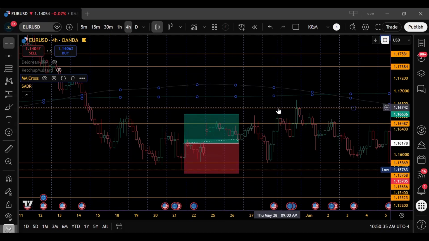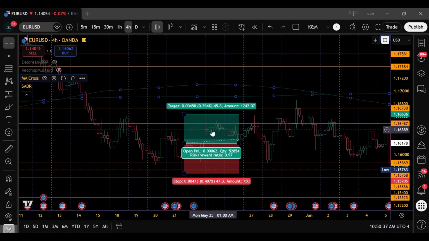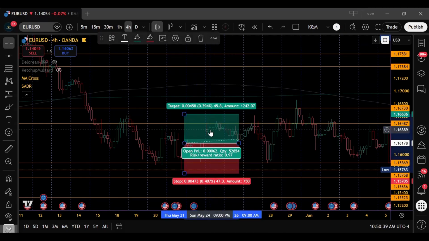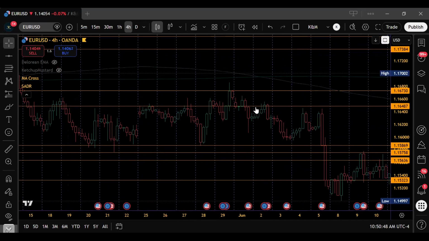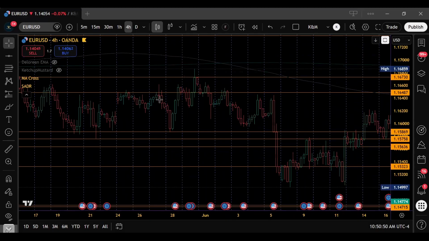You'd have been in profit already. I'm gonna move forward to where it's out of consolidation because that would have just been back and forth all day. Every time it hit up here, it came down here, hit down here, and went back up there. You could have traded that back and forth all week.